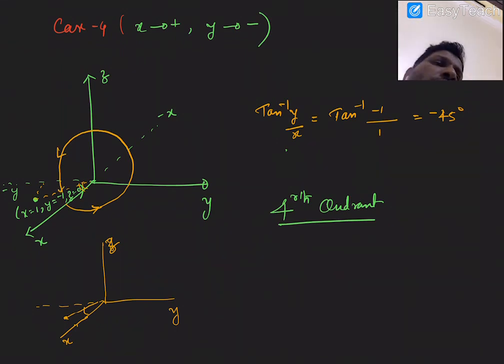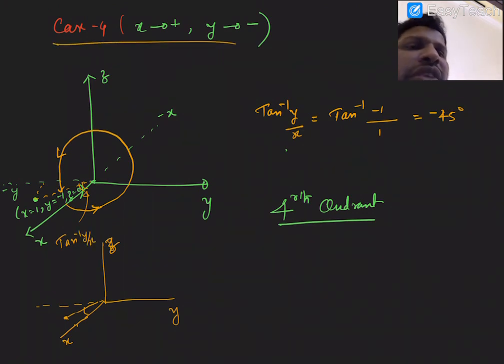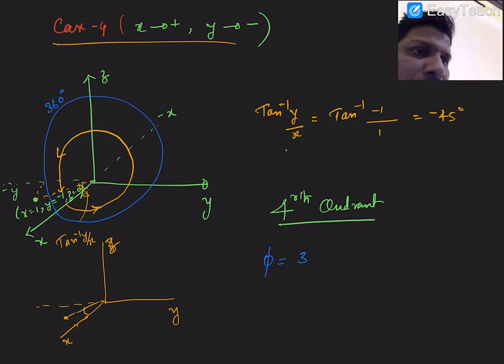So what is that angle? You have this one as tan inverse y over x in case number 4, that means in the fourth quadrant. So how can you find it? You know that the whole angle is 360 degrees. So our phi is nothing but 360, and you got this angle as minus 45.